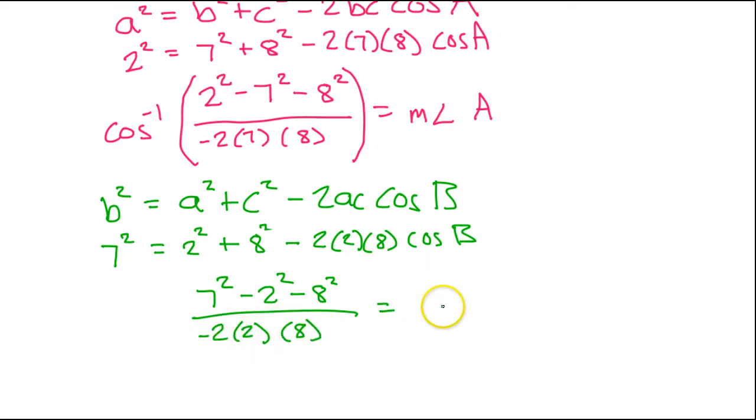Alright, that will leave us with cosine B. But, of course, we really want the measure of angle B by itself. To find the measure of angle B, we need to do the inverse cosine of all of this, and then that should give us the measure of angle B.